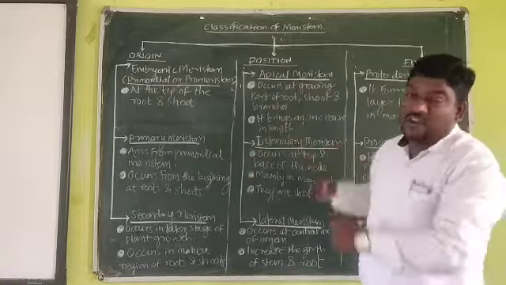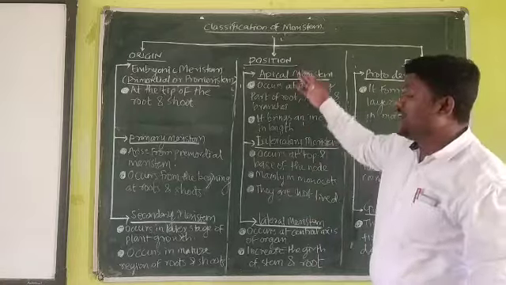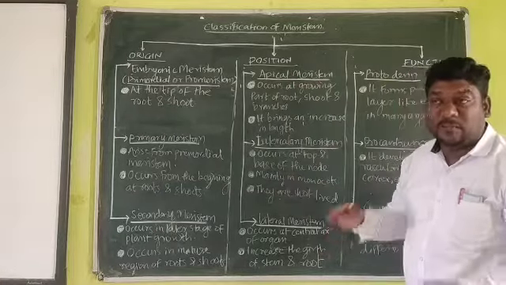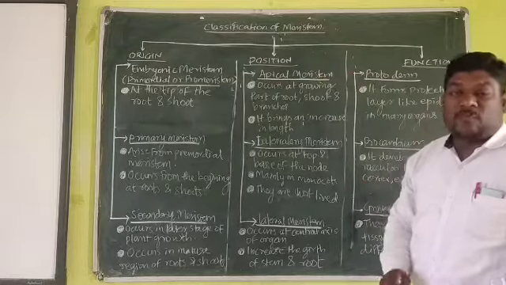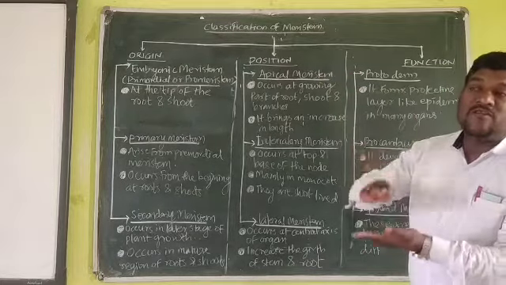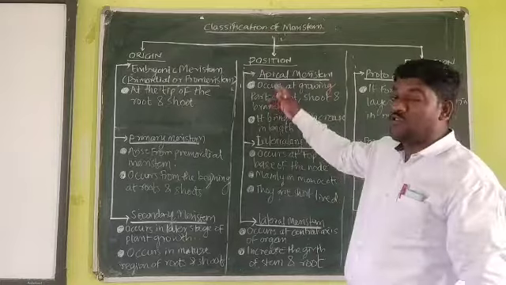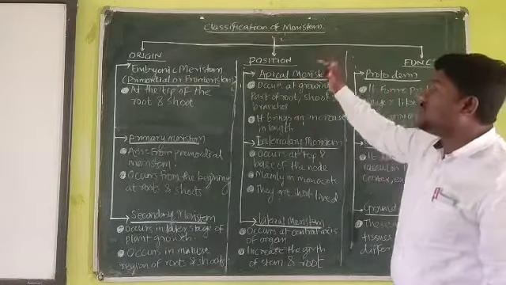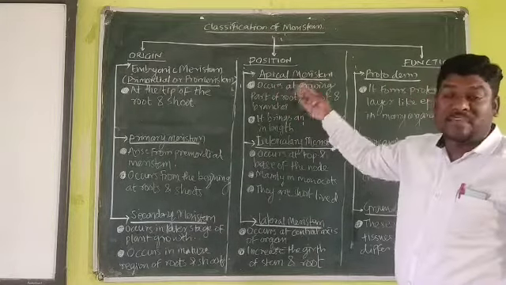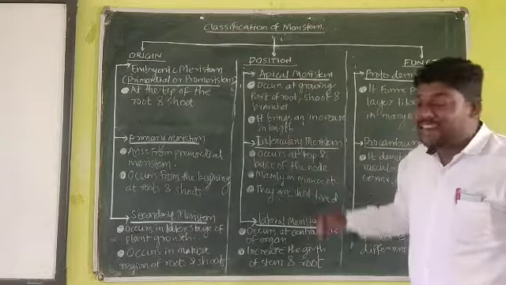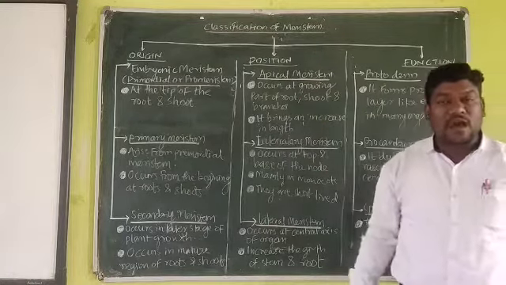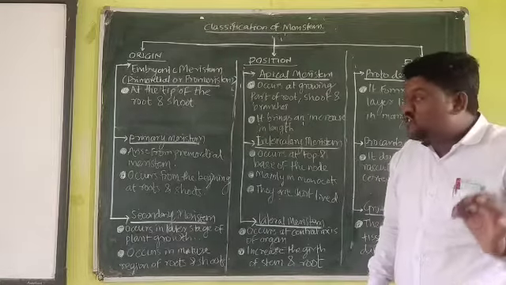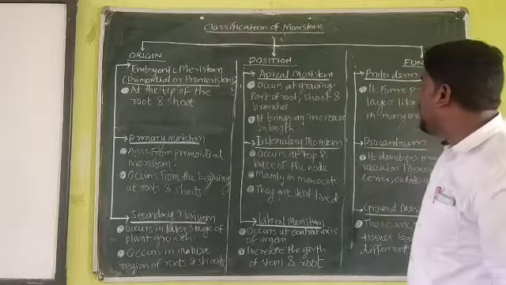Thereafter, position, if you want, further it is also classified. Position means where it is located, at the top, in the middle, at the base, or in between anywhere. So according to the position, meristem is classified into apical, intercalary and the lateral. All these three are the positions. Are you understanding? I will explain it clearly again.